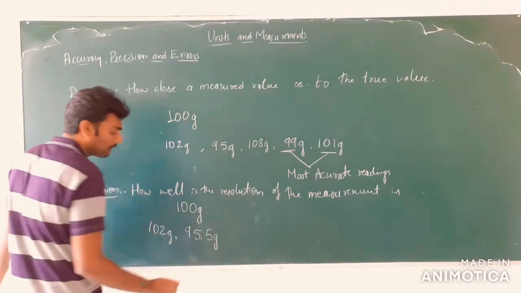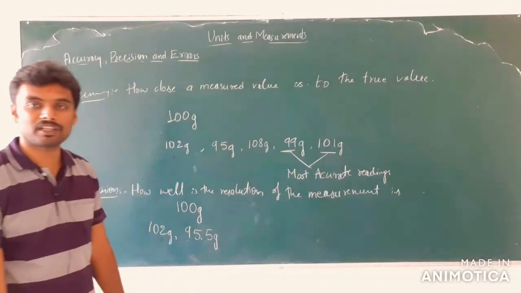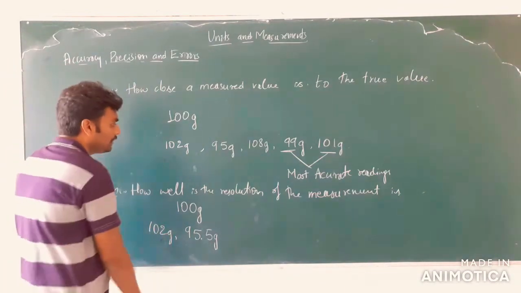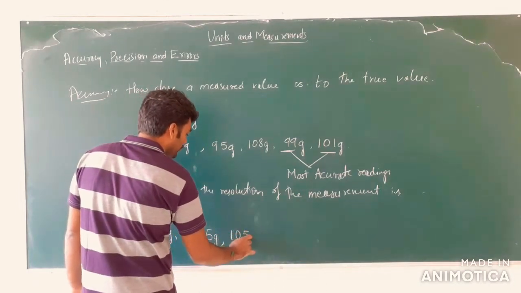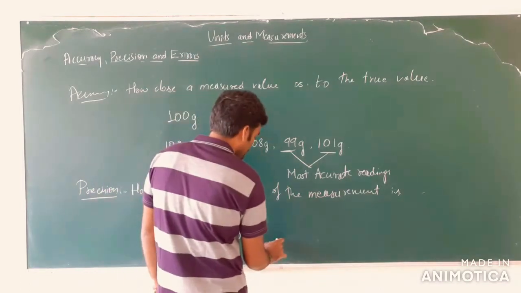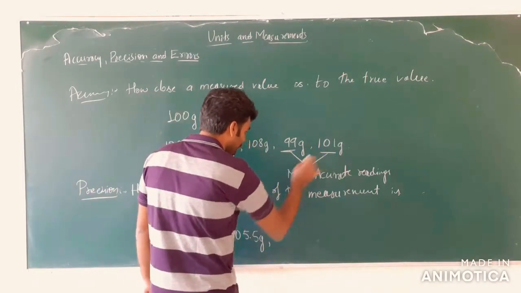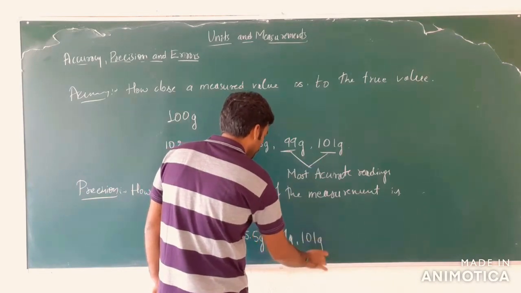Okay, 0.5 gram. This can be obtained using, say, electronic scales. And the other reading is, say, 105.5 gram.